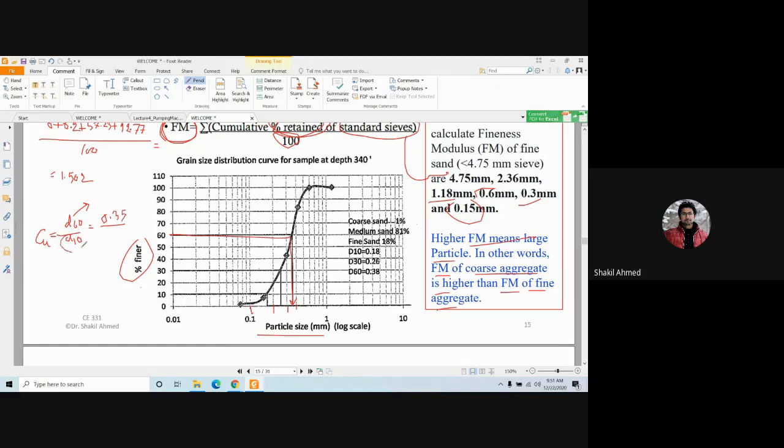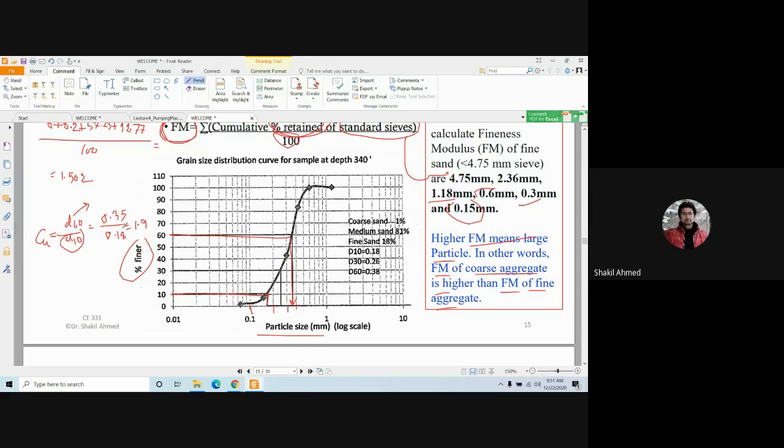And D10 is the particle size corresponding to 10% finer. That means 0.1, 0.2, so 0.18. Are you following me? What is the value? 1.99 something, right? Yes, sir. Okay, 1.994.